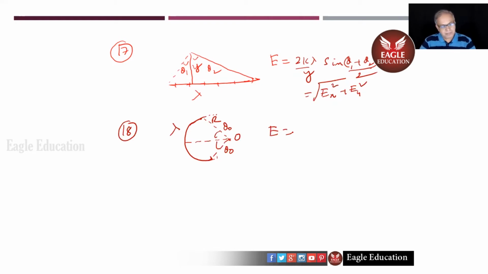Refer back and tell me. I'll wait. Sir, 2k lambda by r. 2k lambda by r, no, sine theta naught. Next. If theta naught is 90, it is 2k lambda by r.